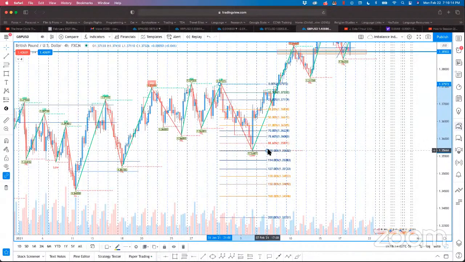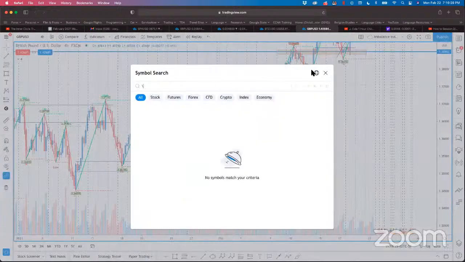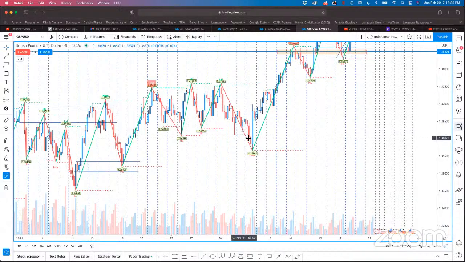It just depends on how you place them. Wherever you start, that's where your zero is going to be. So I just go in the direction of what I'm trading. It just depends on how you draw your fibs.